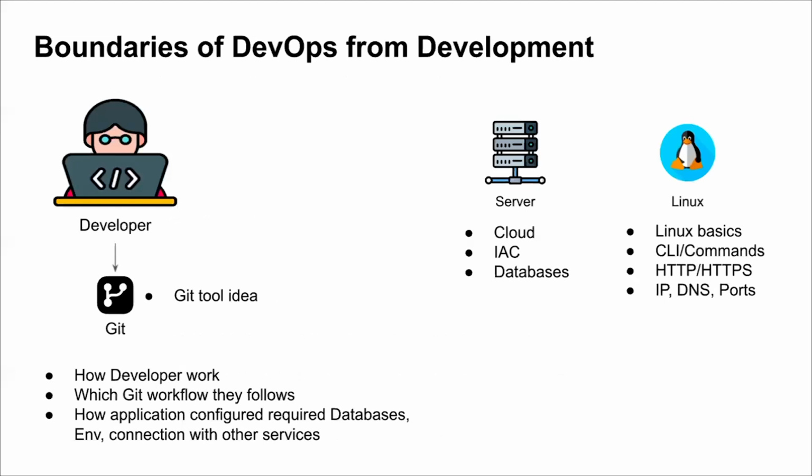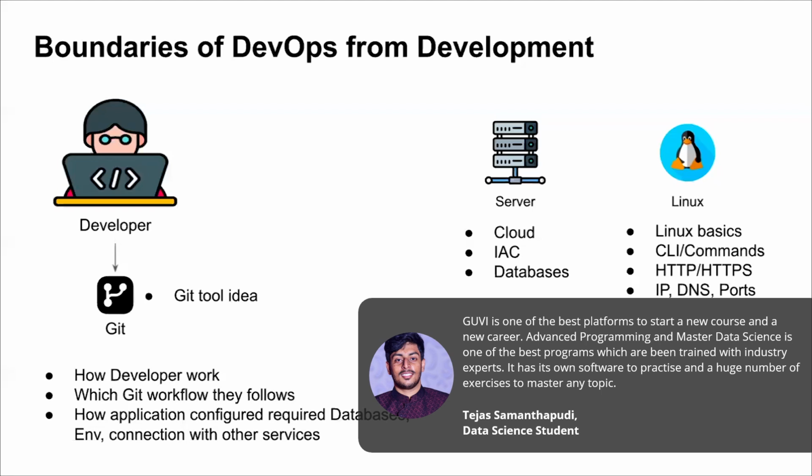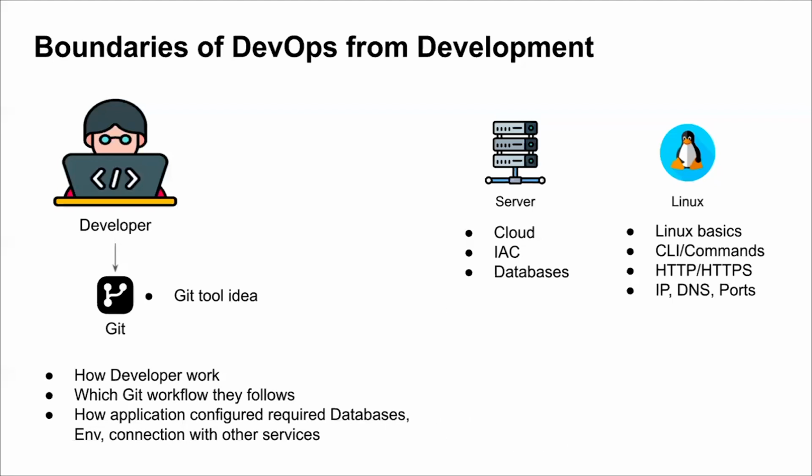So generally the role of a DevOps engineer mostly starts when the developer commits their code to the Git repository, or whatever source code management tool you are using, either SVN or Git. So you might need an idea about how developers are working, their Git flow, what branch strategy they are following, and all those things. So generally, DevOps sits in the middle between the developers and the operations.